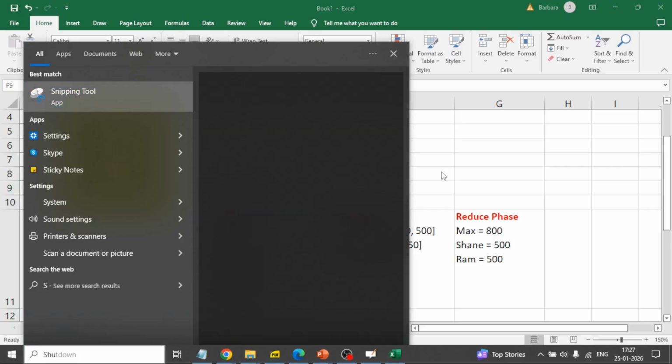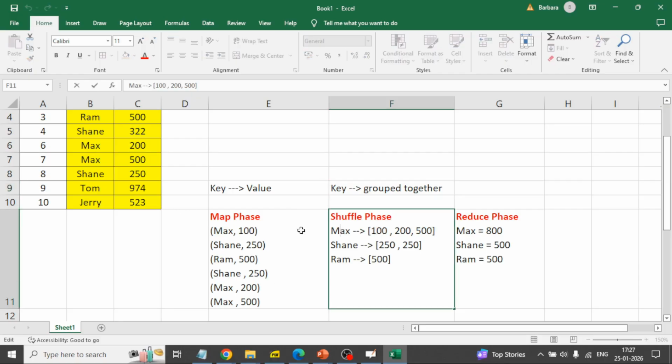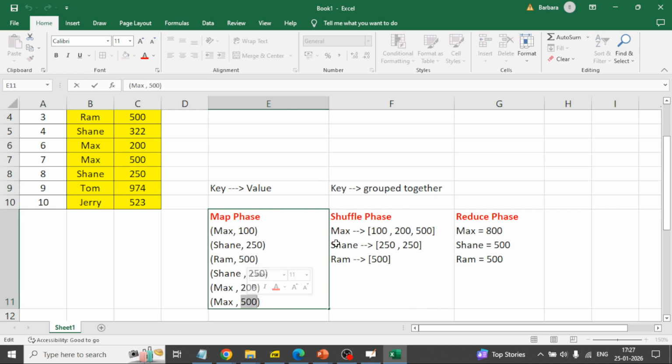In shuffle, what happens is, with respect to the key, the values are grouped together. Now you can see Max, his values are 100, 200, and 500.